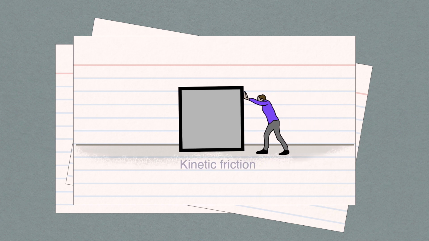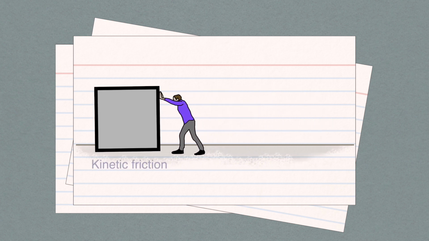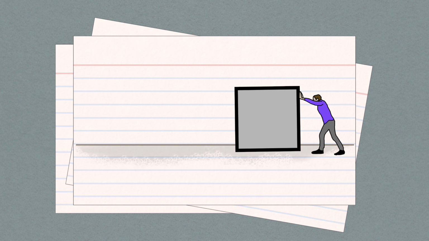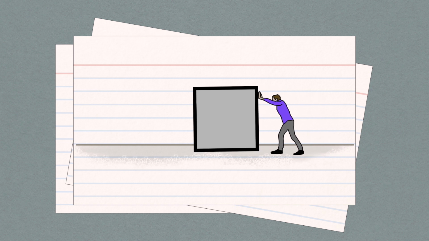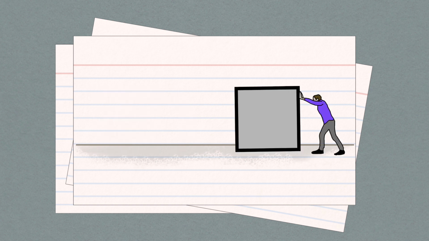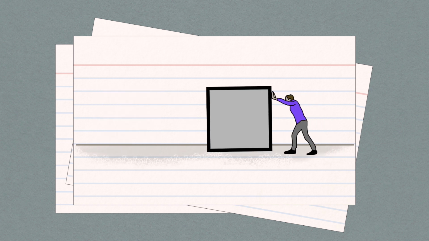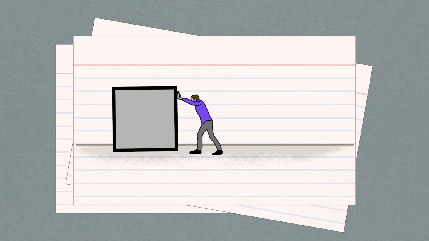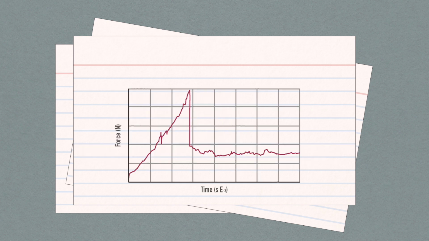So basically, if you're sliding an object across a surface and the object is not already moving, it's at a standstill, the object will experience static friction right away and then kinetic friction for the rest of the way. This is a graph that shows how friction behaves over a brief period of time.